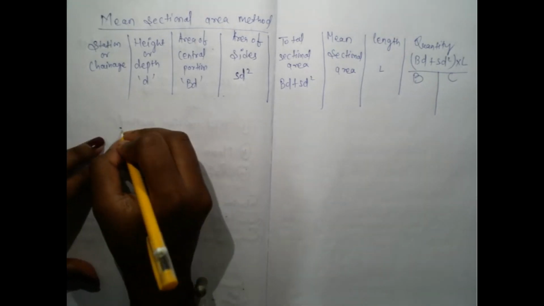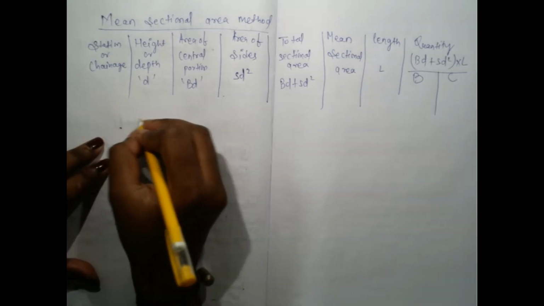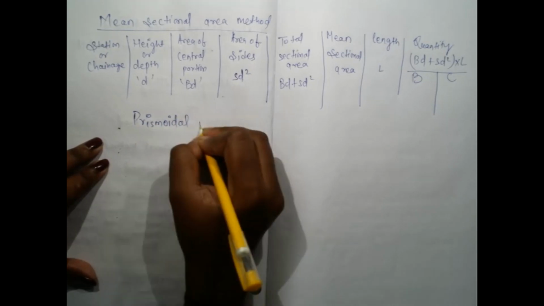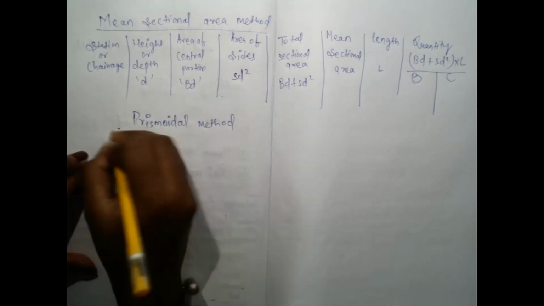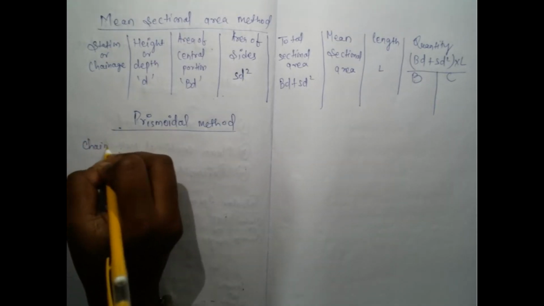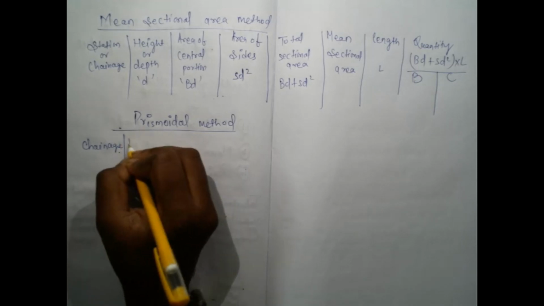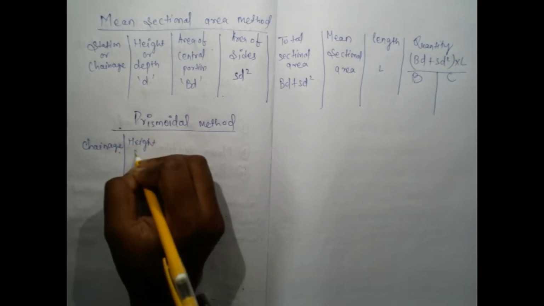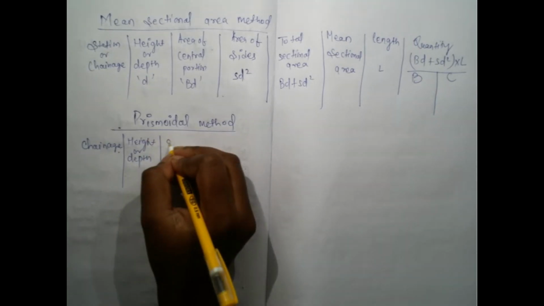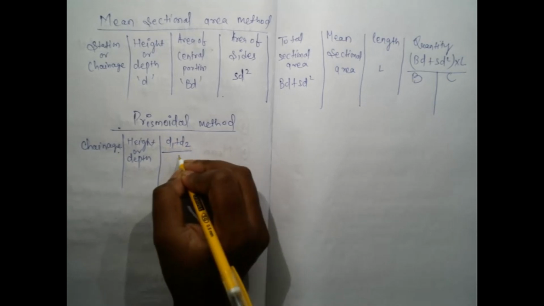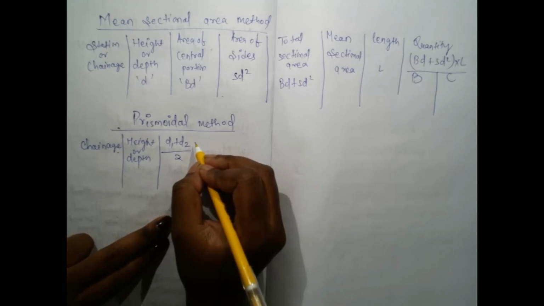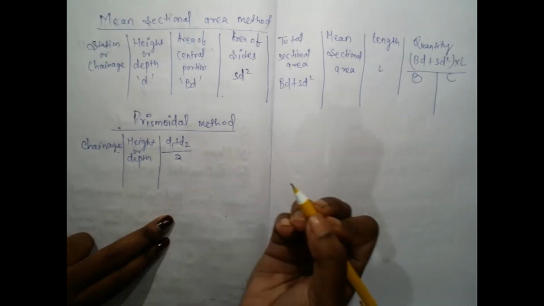And lastly, we have a tabular form of the prismoidal method. For this prismoidal method, the tabular form is: first is chainage, second is height or depth, then third is D1 plus D2 by 2. As we all know, prismoidal sections are done for irregular shapes or irregular boundaries.